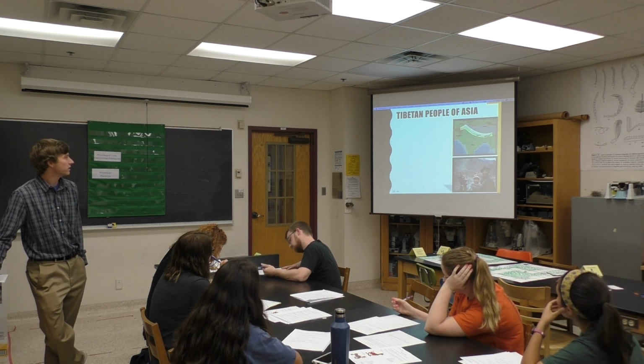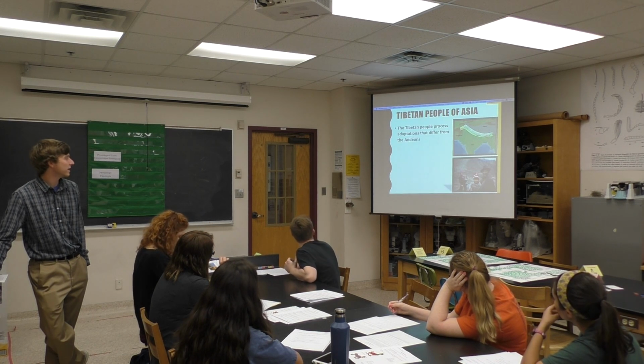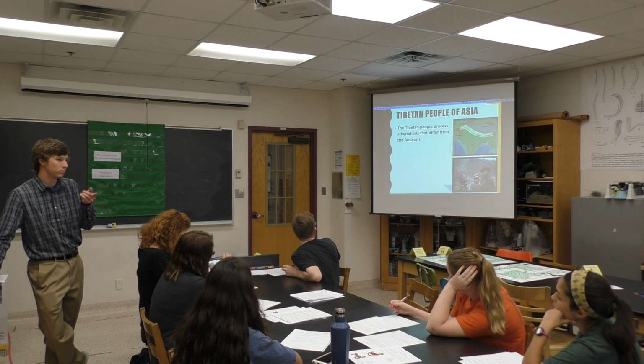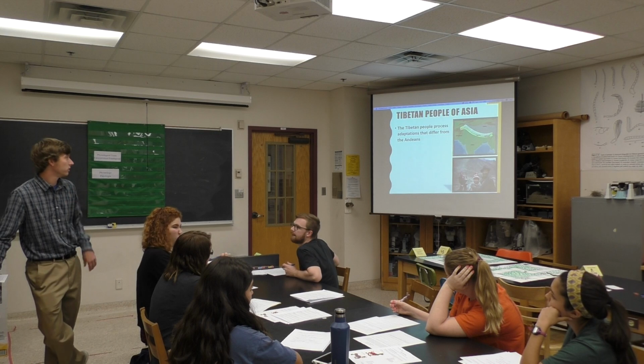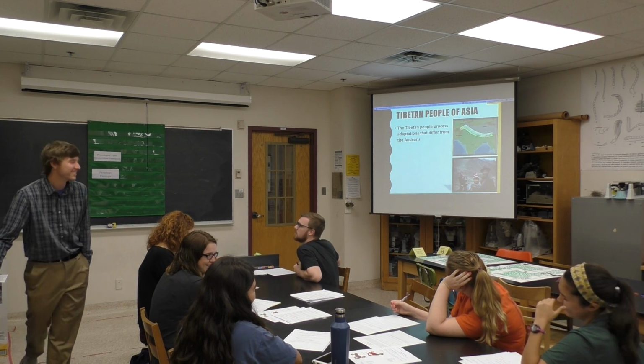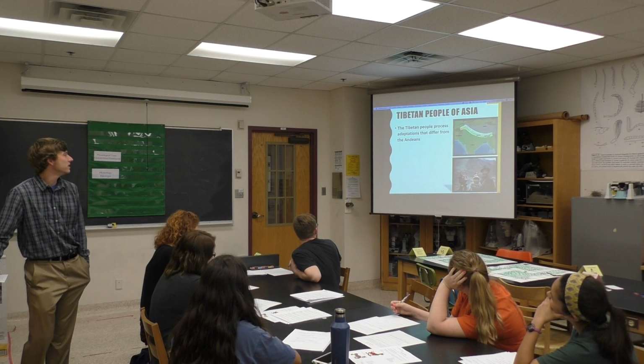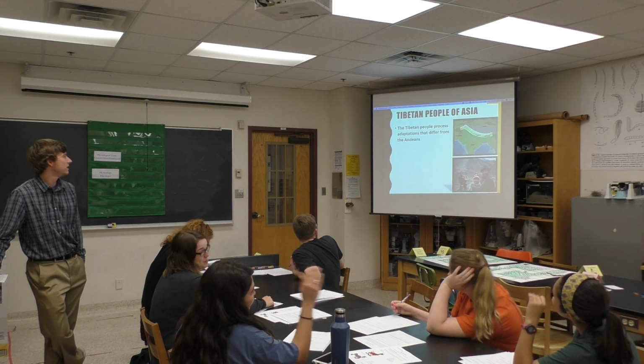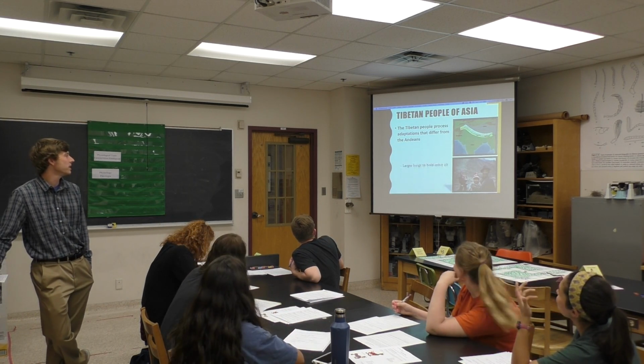On the opposite end of that, the Tibetan people of Asia, as Taylor said, what did you say? You said what might happen? Larger lung size. To hold oxygen. Larger, there you go. Larger lung size. So these people possess adaptations that differ from the Andeans.